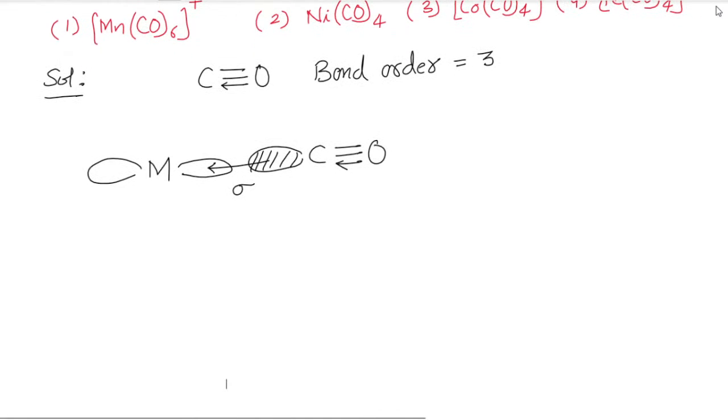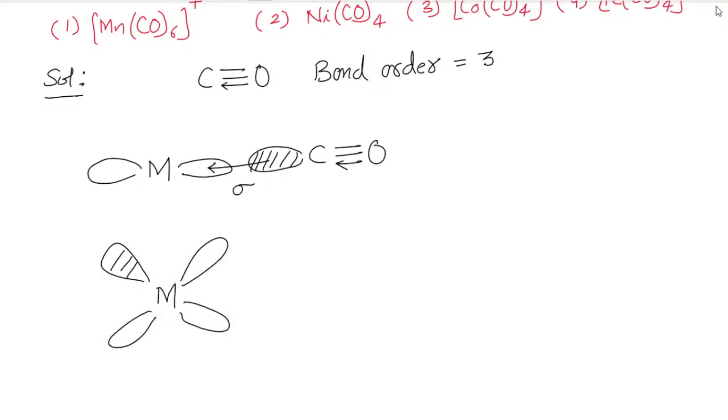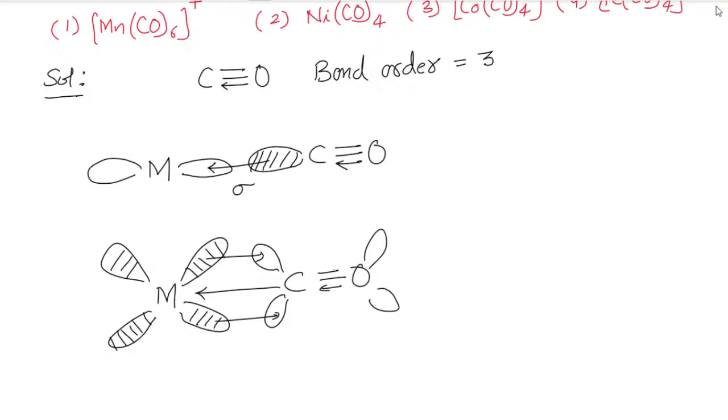This is due to the lone pair on the carbon of CO. At the same time, as CO is neutral, a filled orbital of the metal overlaps with a vacant orbital of CO. So when this filled orbital of the metal back donates its electron, this is called back donation, or if it is d pi p pi back bonding, and due to this back donation, electrons are accepted by CO.